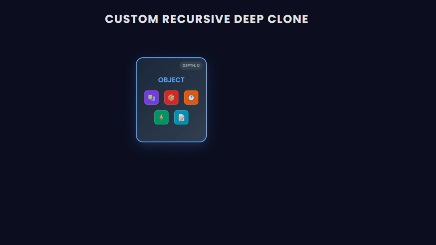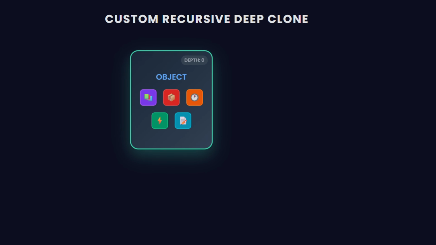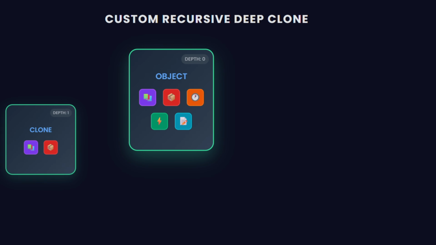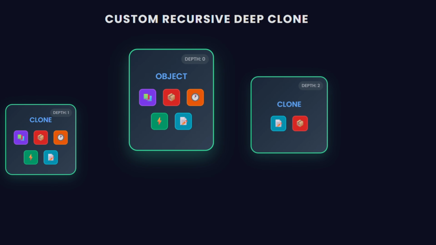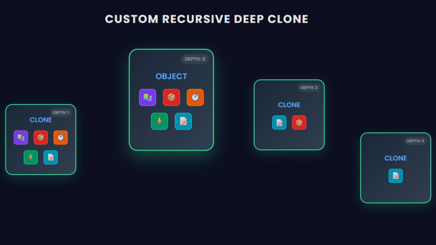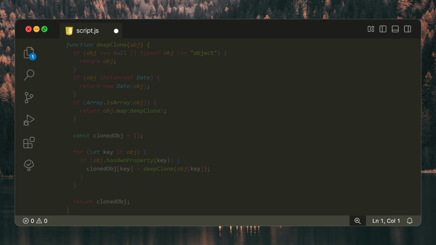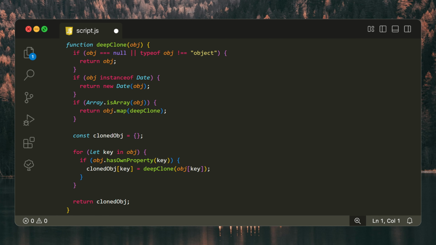To overcome these problems, a more flexible approach is to write a custom recursive deep clone function. This kind of function examines each property, and if the value is itself an object or array, it creates a new instance and repeats the process for each nested level. It also includes logic to correctly handle special types like date. Here is a basic version of such a function. This function starts by checking if the input is null or a primitive.